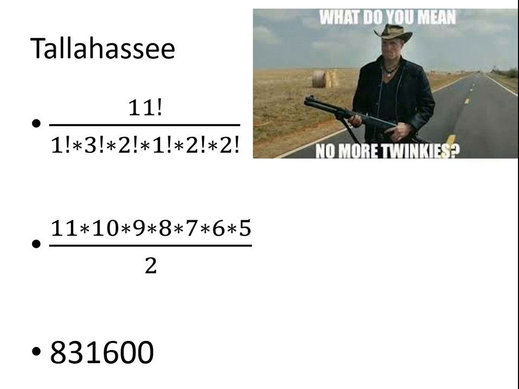T appears once, A appears 3 times, L appears twice, H once, S twice, E twice. I put all those underneath, and then I can start trying to reduce it. As I start to reduce it, you see I get a grand total of 831,600 different ways I could spell the letters of Tallahassee.